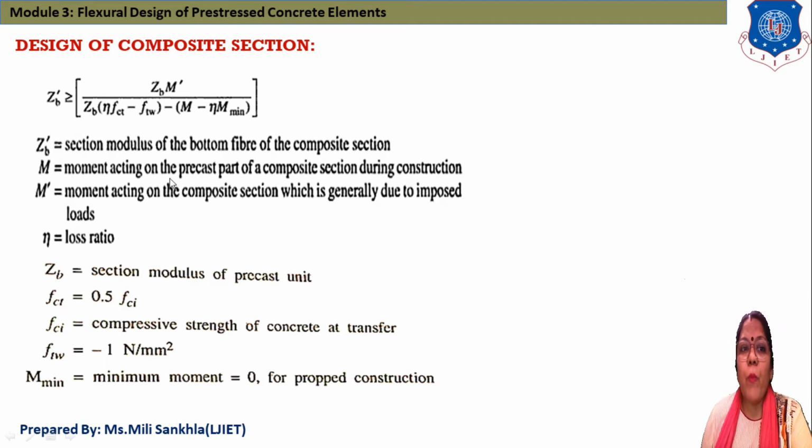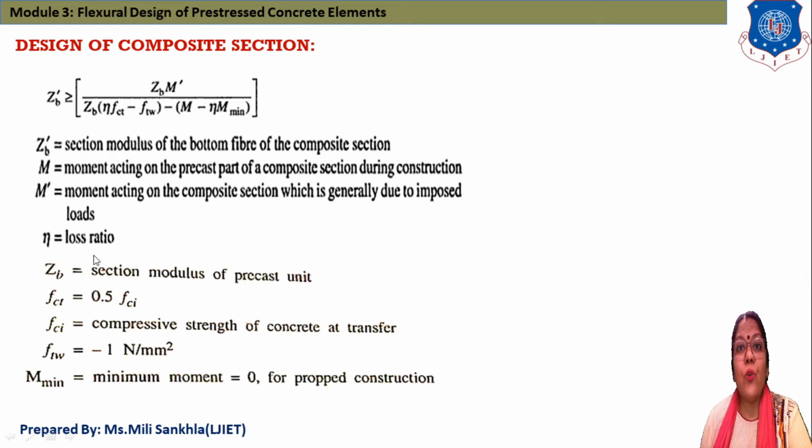M is the moment acting on the precast part of the composite section during construction. M' is the moment acting on the composite section, which is generally due to the imposed load, or we can say live load. Simply, M is the moment due to the precast section and M' is the moment acting on the composite section, due to the live load.